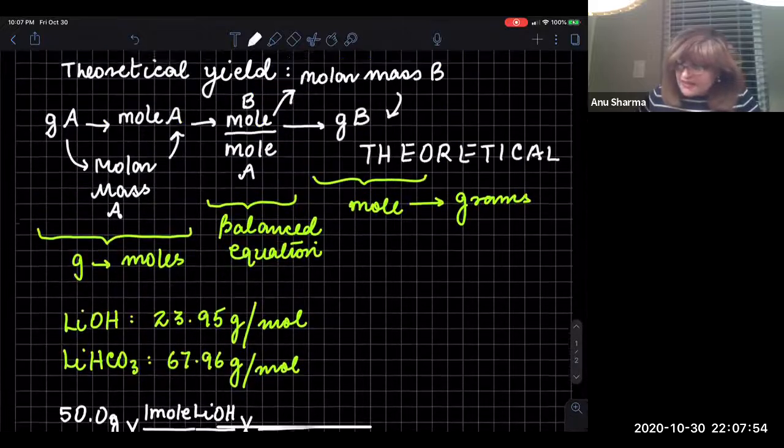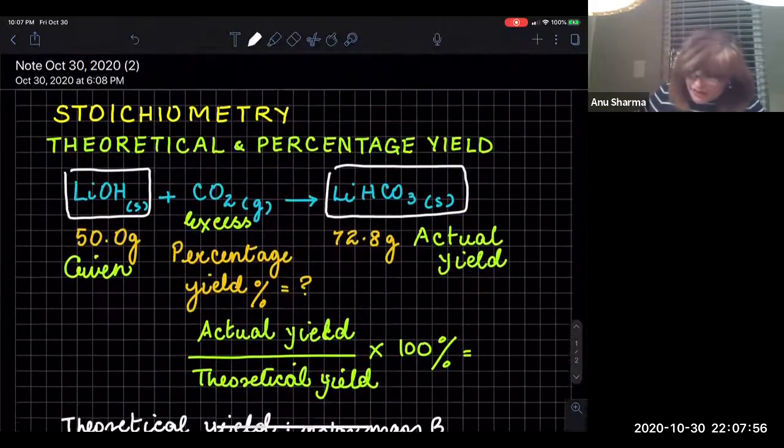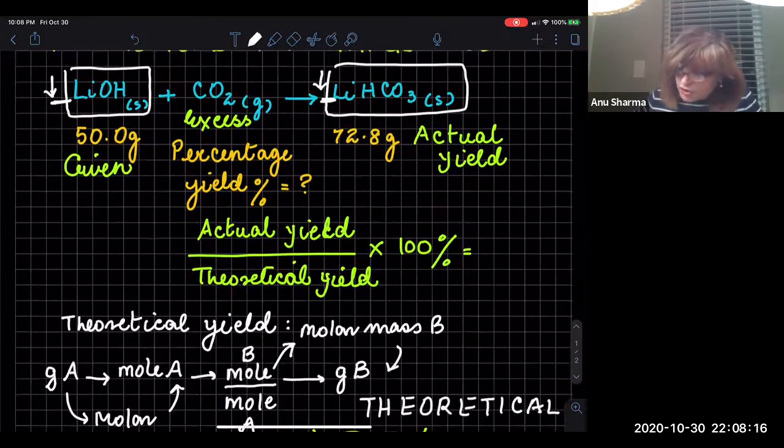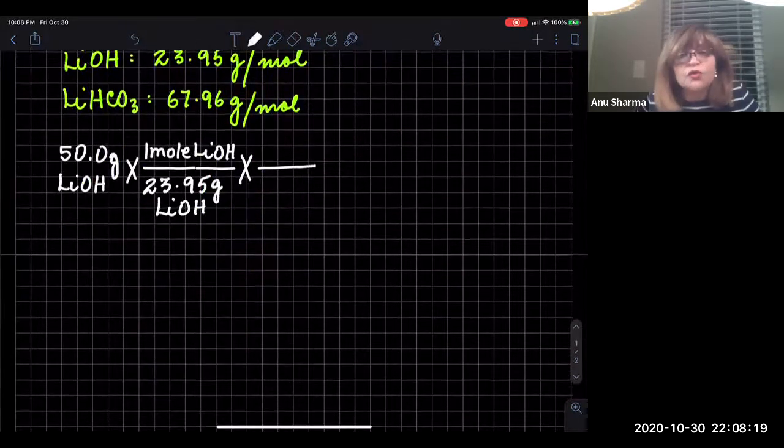So in this case, we see from this reaction, 1 mole of lithium hydroxide is reacting to produce 1 mole of lithium bicarbonate. So it's a 1:1 ratio. But if whatever coefficient was here and whatever coefficient was here was not 1 but something else, then make sure that you put that in the mole to mole ratio.